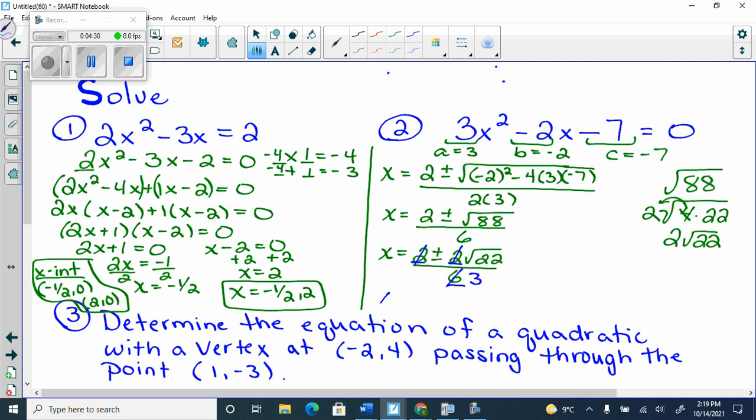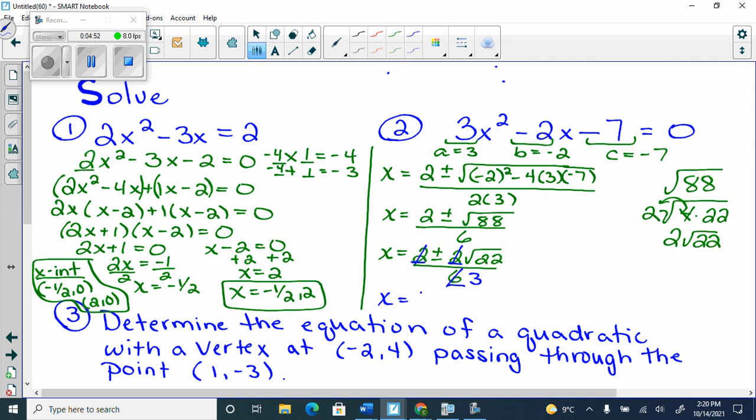So you actually get x equals, now the 1 in front of the square root of 22, 1 times root 22 is still root 22, correct? So do I have to write the 1 that's in front of the root 22? No. Do I have to write the 1 that's in the front though? Yes, because it's 1 plus or minus root 22. If you don't write it, it's just plus or minus root 22, which is a totally different answer.